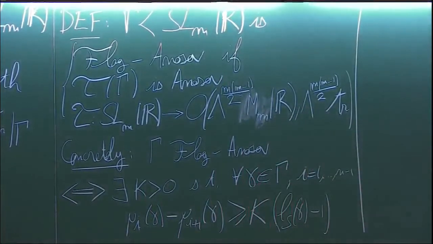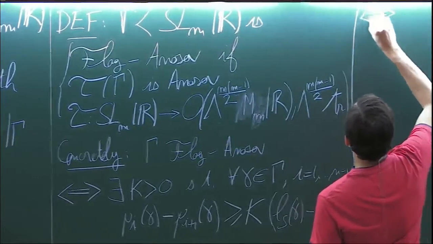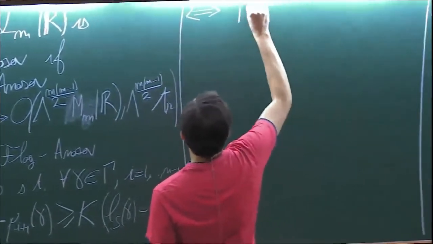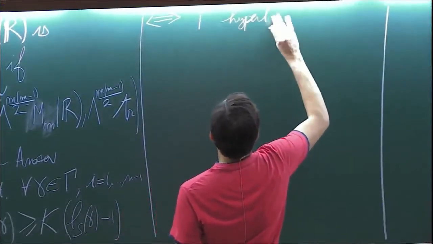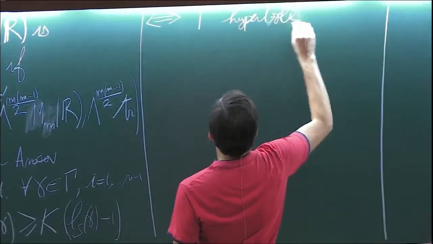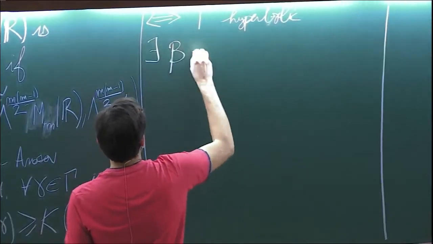Okay. But in terms of equivariant maps, this means also the following. So that gamma is hyperbolic.